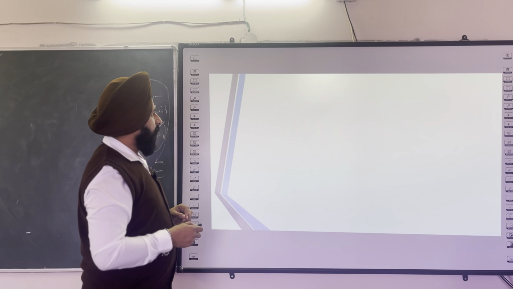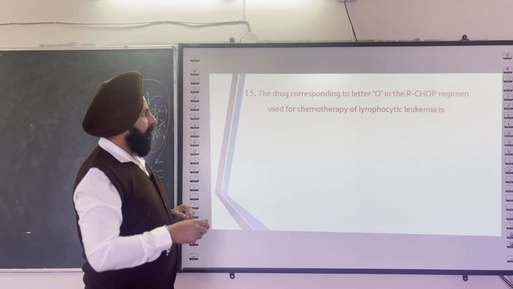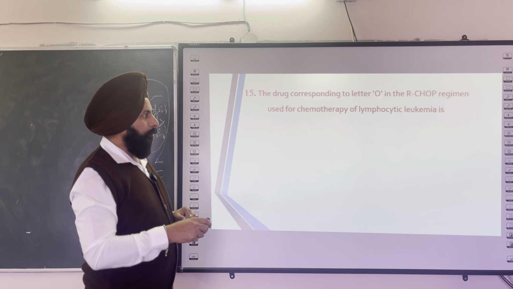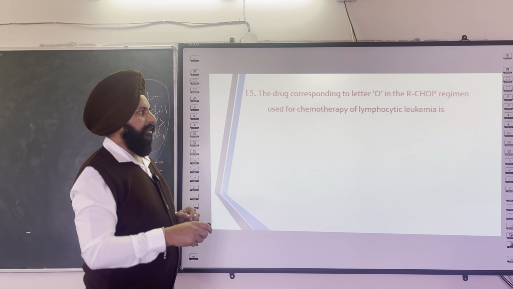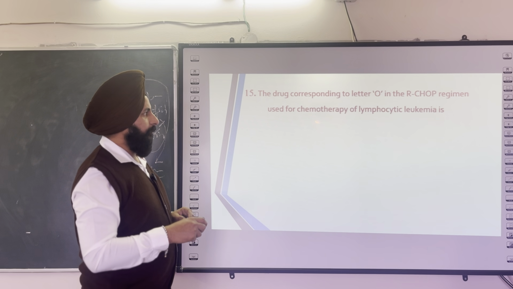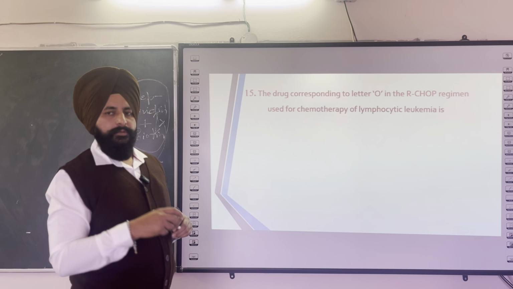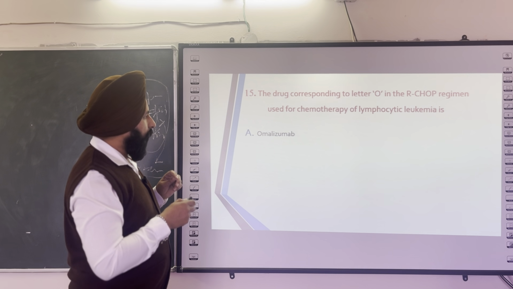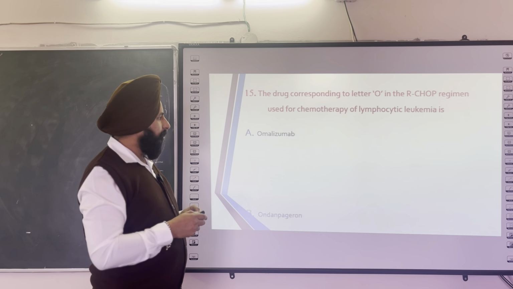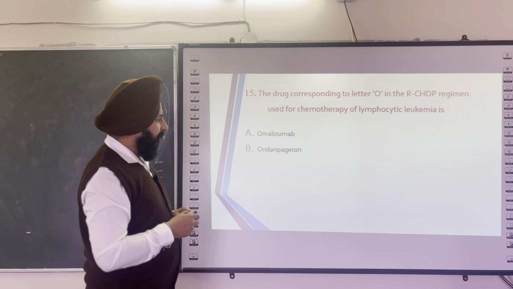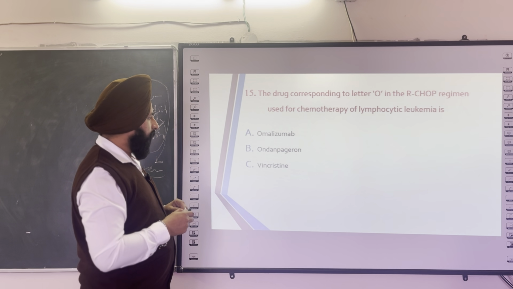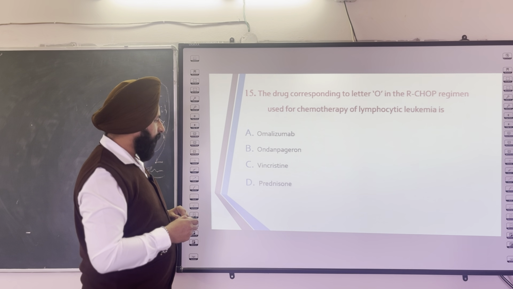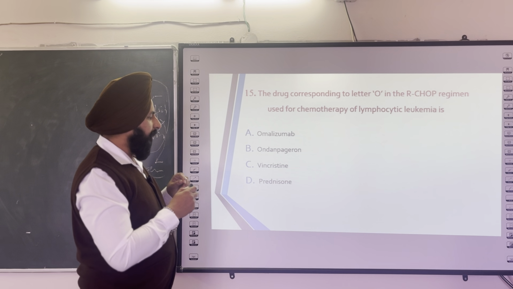The next question for this GPAT series is: the drug corresponding to letter O in the RCHOP regimen used for chemotherapy of lymphocytic leukemia is. The options are omalizumab, ondansetron, vincristine, and prednisone.